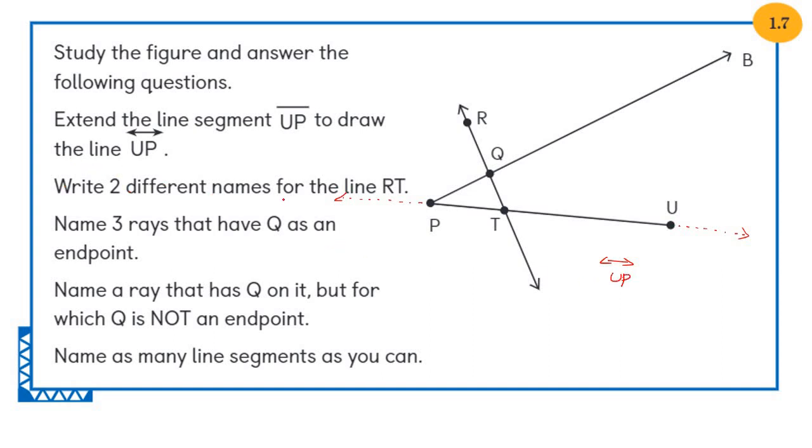Write two different names for the line RT. See where the line RT is, children? Yes, this is the line RT. You have to write two different names for the line RT. What are the different names you can see?